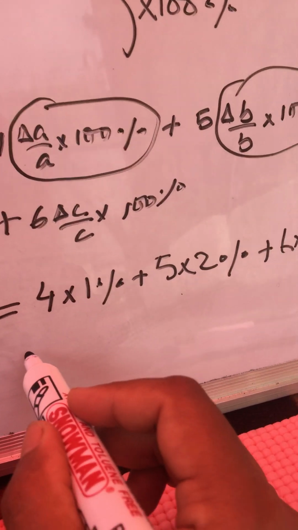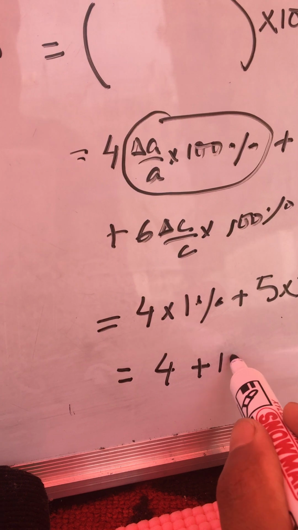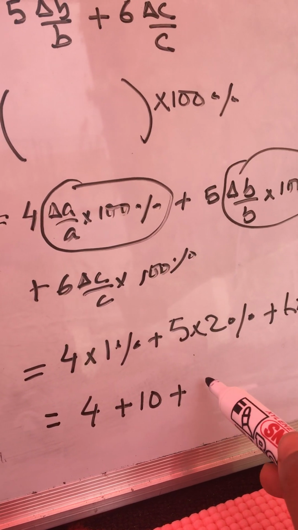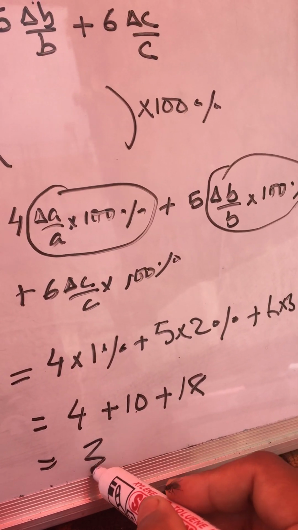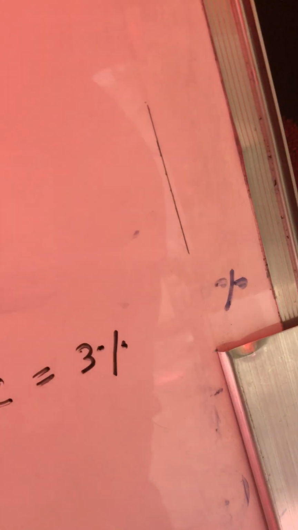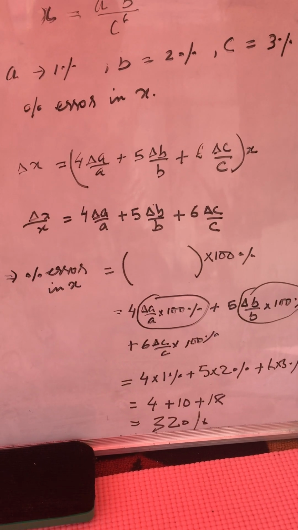Now this is 4 plus 10 plus 6 into 3, which is 18. So 14, 32. What is the overall error involved? The overall error involved in the measurement is 32%.